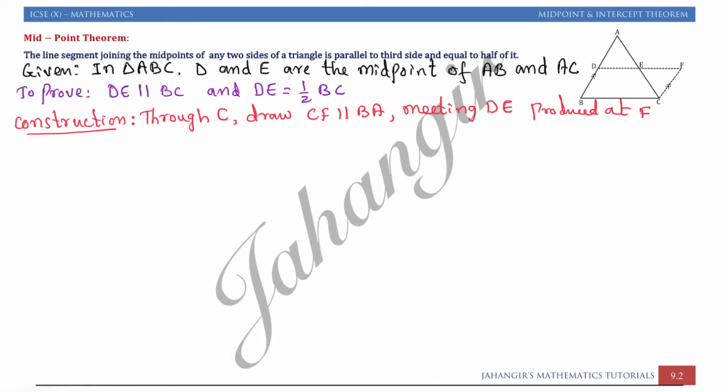Now the proof. We will prove that. In the proof, first we will take two triangles. Let us mark those two triangles. We will take this triangle. So we can write in triangle AED, the yellow triangle, and triangle CEF.